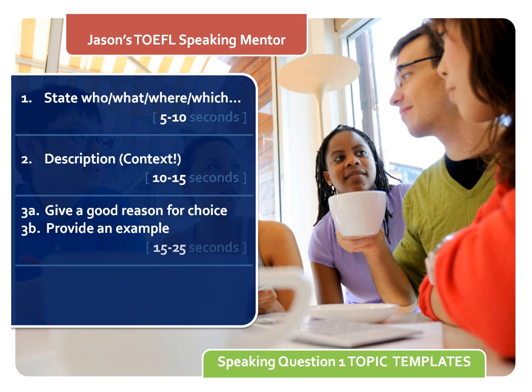Once you've done that, then give one good reason for your choice and try to support that with an example. So when you've been doing your preparation for the question in the 15 seconds, hopefully you've come up with at least one good reason, and then you can give some sort of example to support that reason. So in the example of the internet cafe that I just gave, after you've described in very general terms that internet cafe, you can say, my main reason for doing this is because I like to use the internet a lot, and I like to do it away from my home.